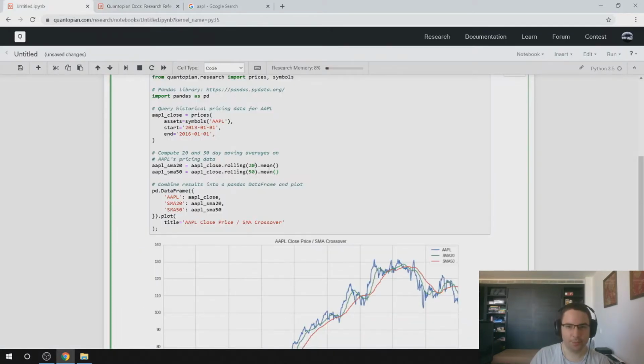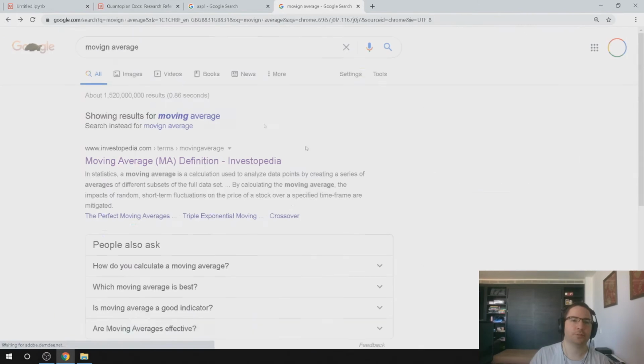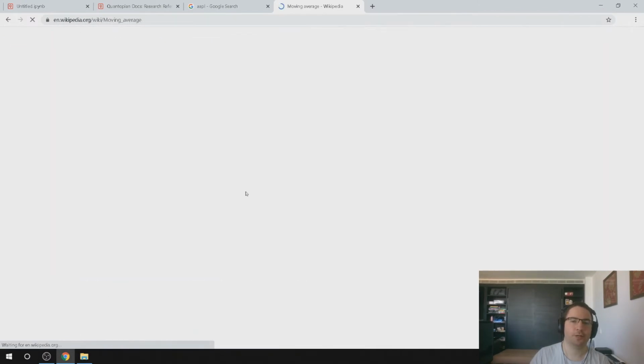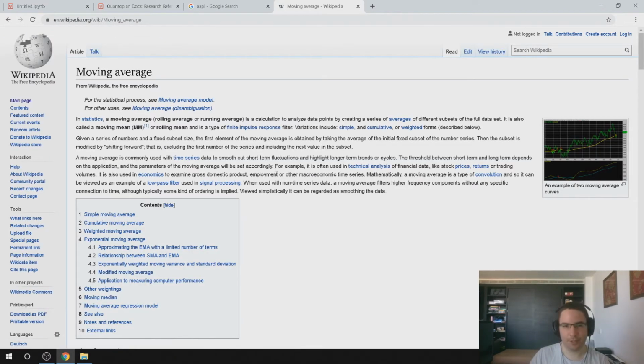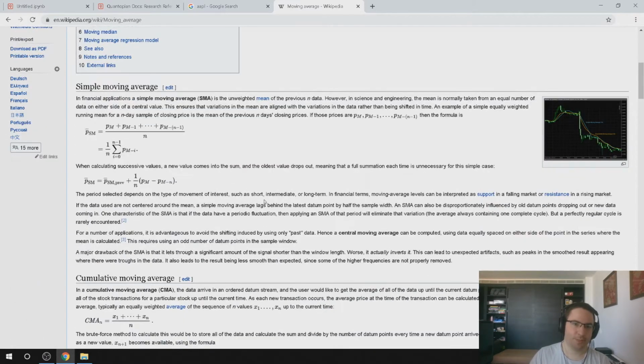Doing some moving averages. So a moving average, if you don't know, I don't know what a good page is going to be. Wiki always has a straightforward explanation like this. If you take the price now, the price 1 day ago, 2 days ago, 3 days ago, 4 days ago, that gives you this numerator, and then the number of days you've gone back in time plus 1 is your denominator.